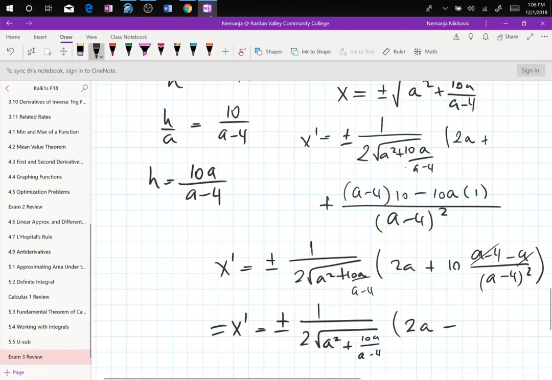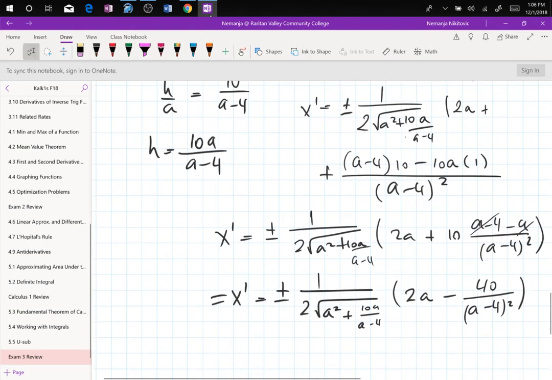So 2A minus 40 over A minus 4 squared. There we go. So all we need to do is to set this equal to 0.